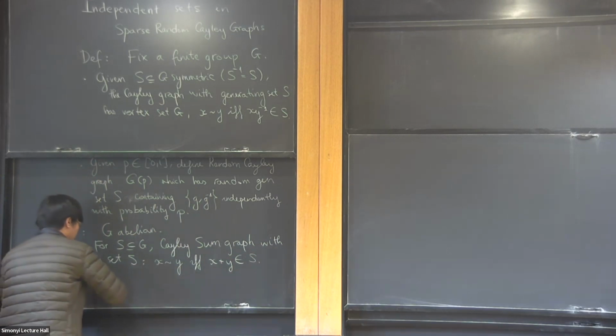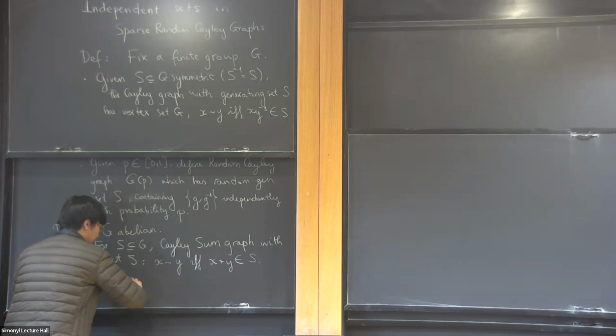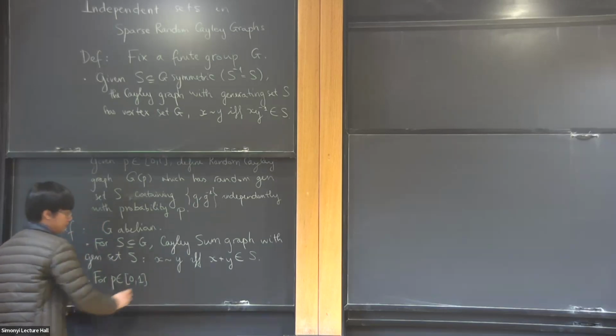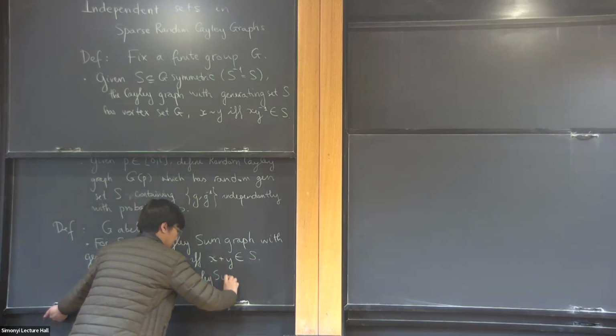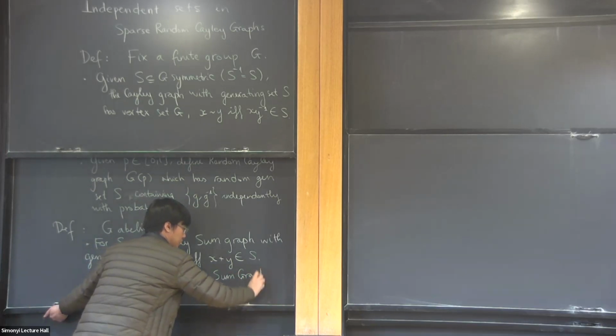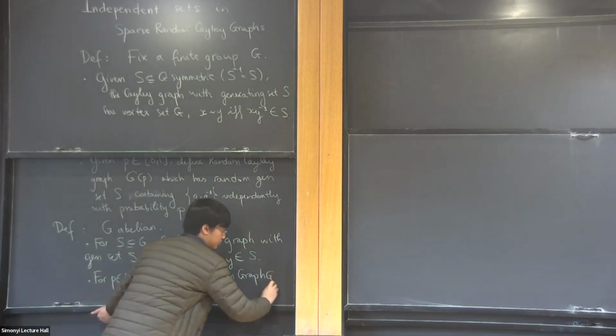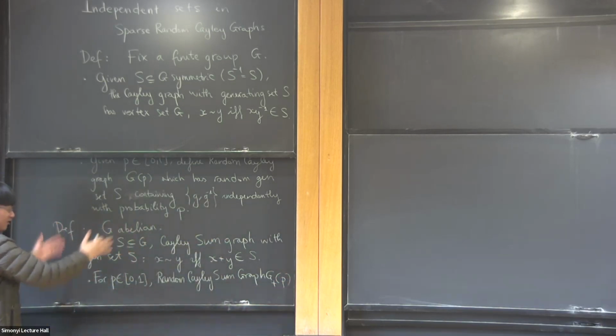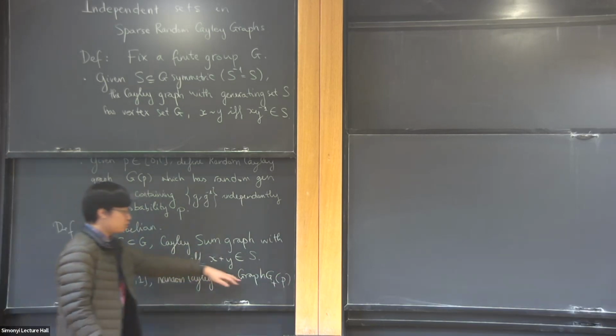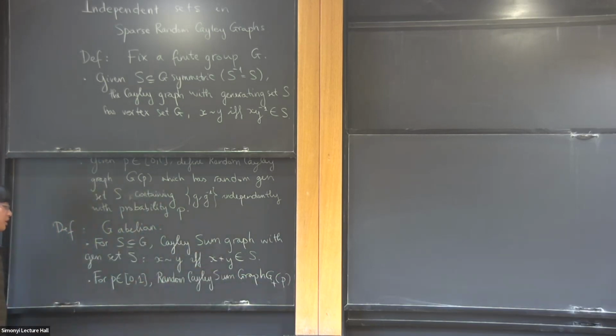And as before, for a parameter p in (0, 1), we can define a random Cayley sum graph, G plus of p. Later on in the talk, when we just focus on Cayley sum graphs, allow me to drop this plus notation when it becomes clear that we are only restricting ourselves to the Cayley sum graph, but that's a little bit later in the talk.